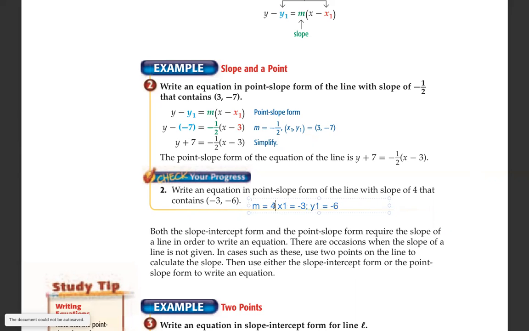Okay, so m is equal to 4, x1 is negative 3, y1 is equal to negative 6. I cannot write a subscript of 1, so just understand it like that.